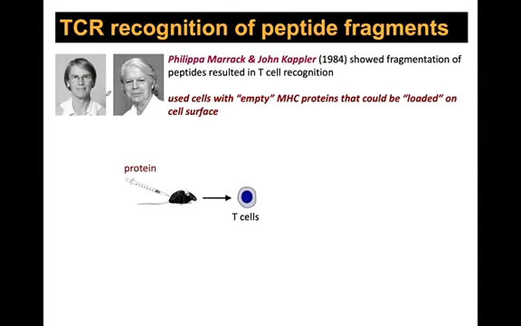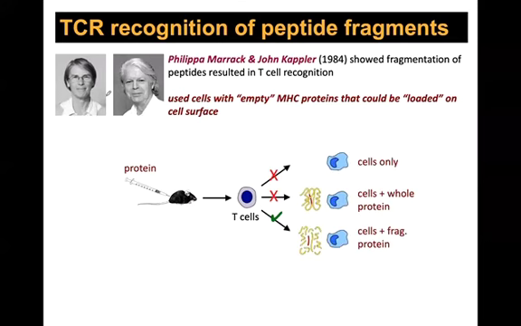And the experiment they did is they immunized mice with a protein, in this case ovalbumin, as the antigen, and they isolated the T cells. They asked what kind of cells could those T cells recognize. And so if they just had the cells only, there was no recognition, okay? If they had the cells and they just added the whole protein, also was no recognition.